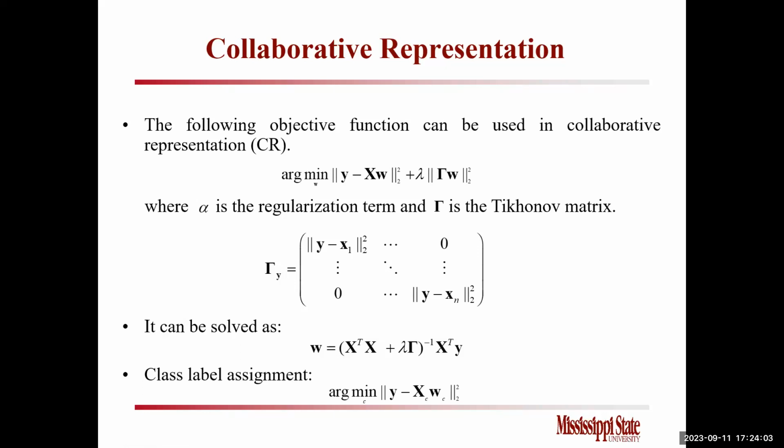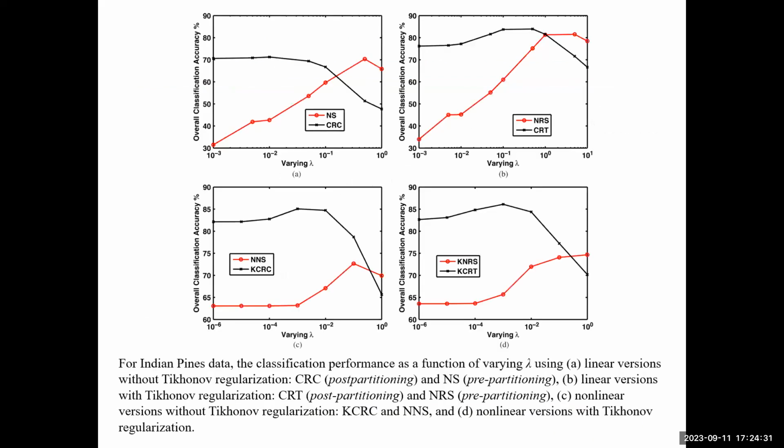So without this Tikhonov matrix, if we just do lambda times the norm 2 of W, the meaning is that, because overall it's a minimization problem, if this norm is very small, that means we allow all the training samples to contribute equally in the representation. So we encourage collaboration between the training samples.